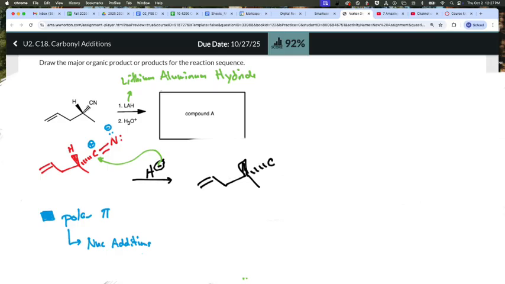What do you think should happen to the stereochemistry here? Why should it stay the same? Did I do any chemistry at the carbon where the stereochemistry is? The stereochemistry is located specifically at that carbon. I guess we can color it the same color. There. That carbon isn't chemically reacting, so we don't need to worry about it.